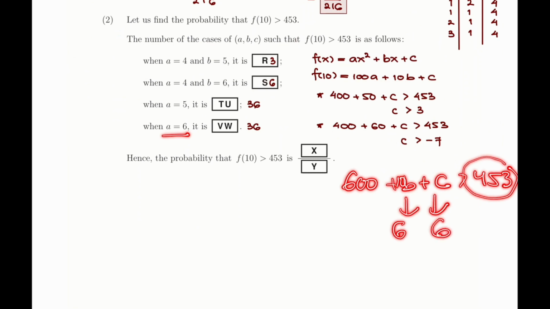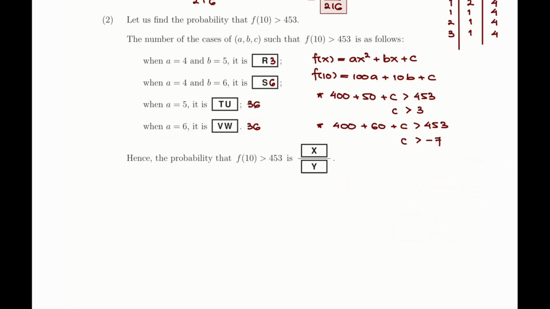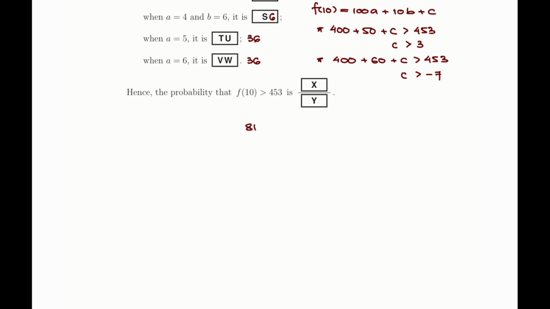So the total choices are 36. That means for f of 10 greater than 453, we have 36 plus 36 plus 6 plus 3. 72 plus 9, we have 81 cases.